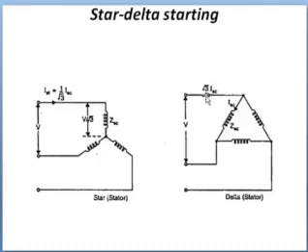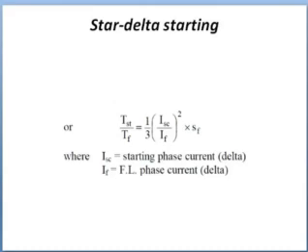And in delta connection, line current is root 3 into I, and here we are getting line current also I by root 3. So if we divide root 3 I by I by root 3, we get that at the starting we get 1 by 3 times the starting current of the delta connected motor.